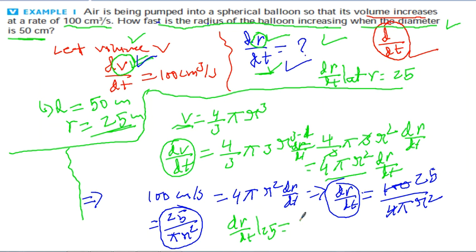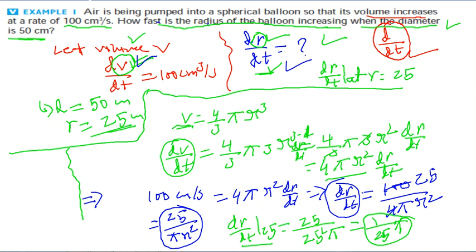So it will be 25 upon 25 square pi, which is 1 upon 25 pi. So the answer for dr upon dt at 25 is 1 upon 25 pi.